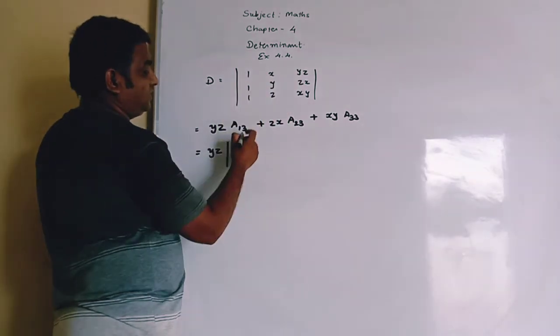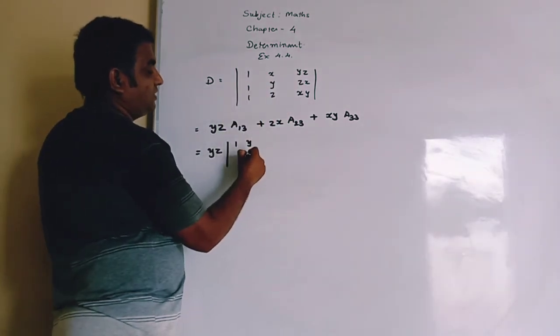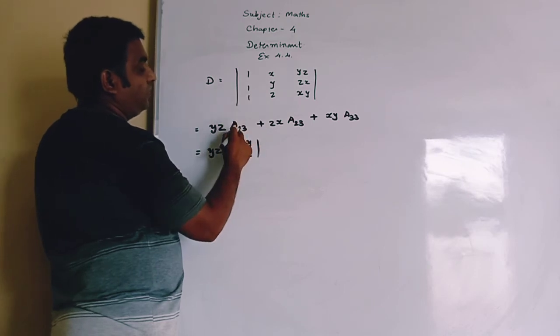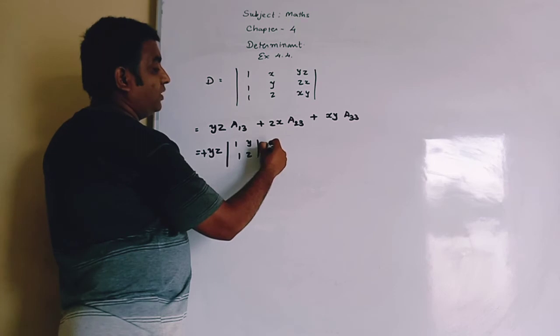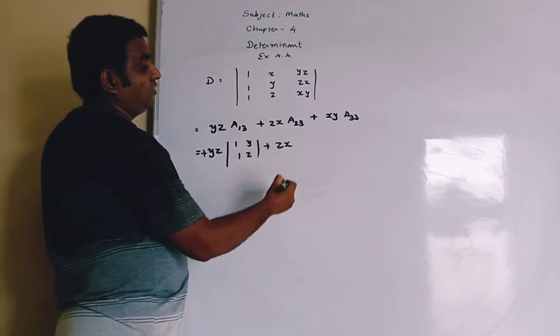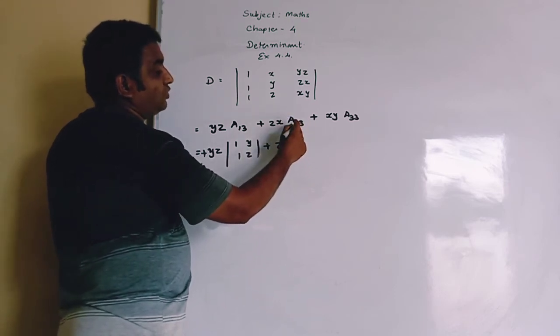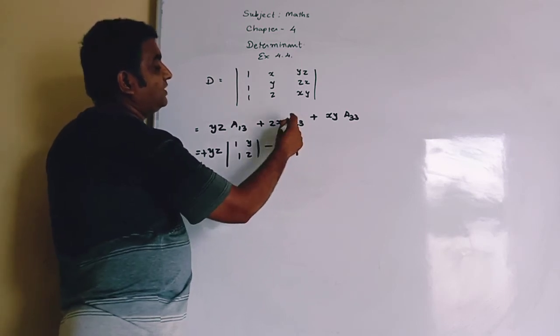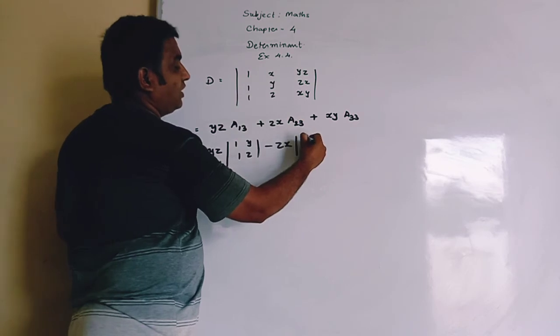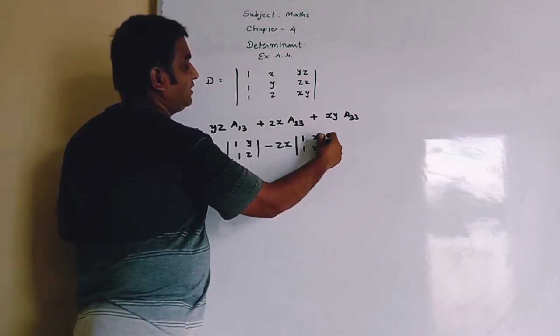A13 means 1 1 over x y, with minus 1 to the 1 plus 3, which is a plus sign. Plus zx into A23: minus 1 to the 2 plus 3, so a minus sign, and removing the row and column containing zx gives 1 1 over x y.